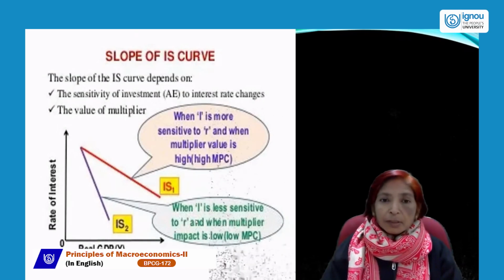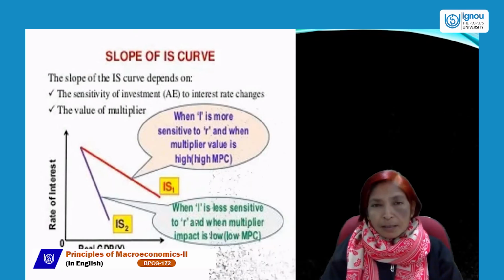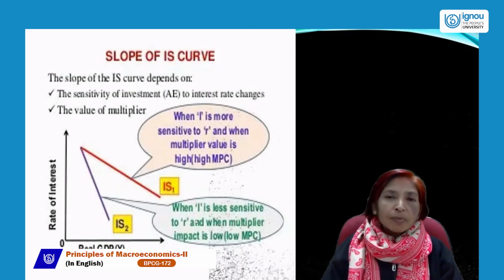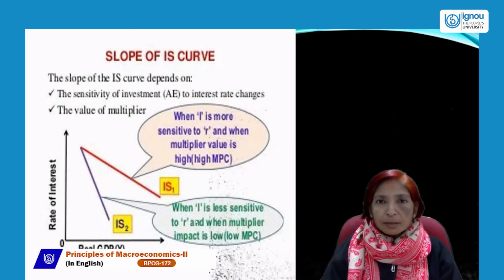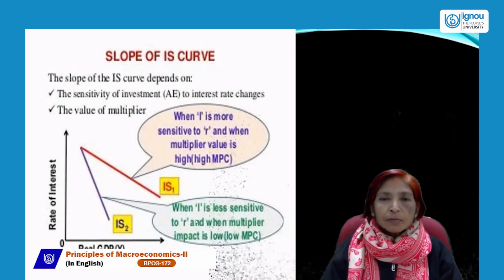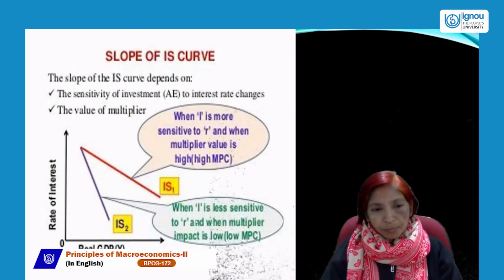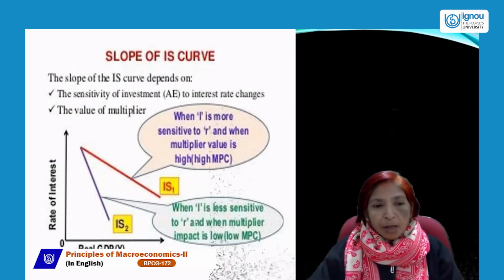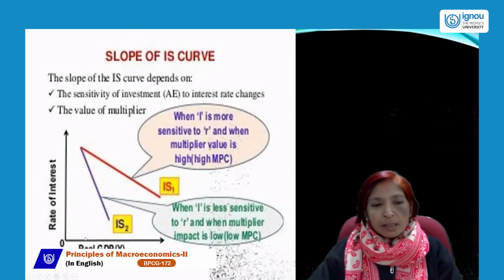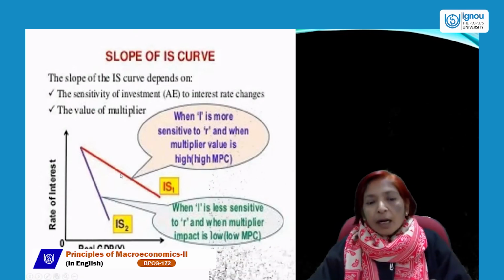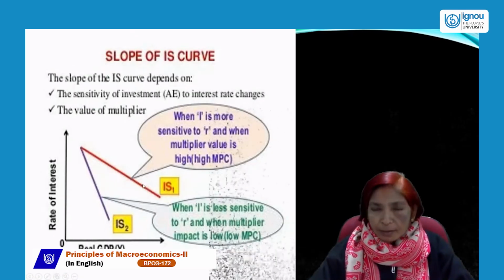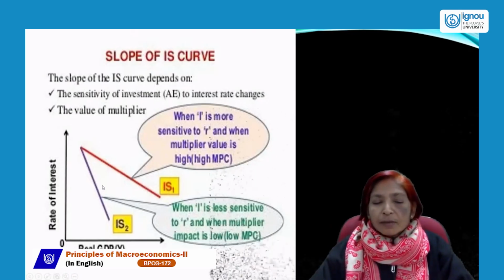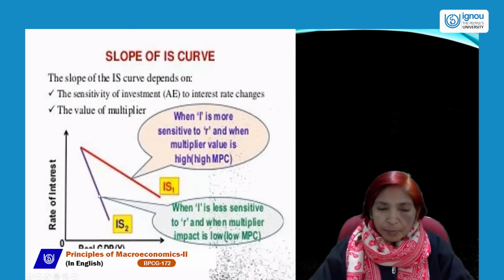And if investment is less sensitive to the rate of interest and the size of the multiplier is lower, then the IS curve will be steeper. In this diagram, the red downward sloping line shows that the IS curve is flatter, and the purple line shows that the IS curve is steeper.